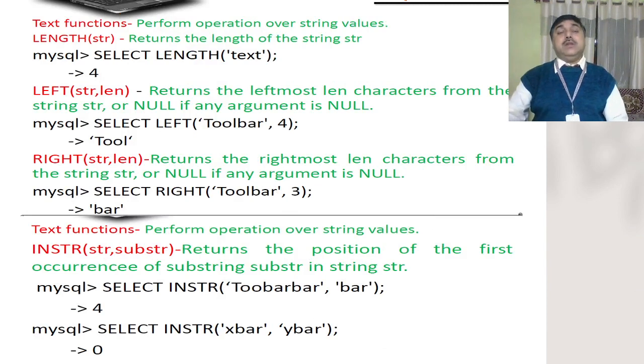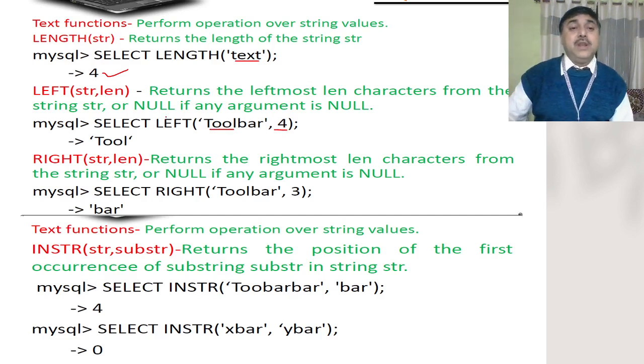Now the length, how can we find the length? What is the length of it? Like LENGTH x, the length is 4. Then STR length: suppose I have written toolbar here, then length. If the argument is null, it gives null. For toolbar, what we have written is 3, which means it takes 3 values. 4 means it will take the 4 values from there.